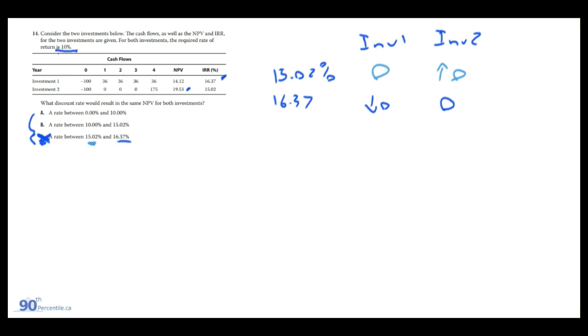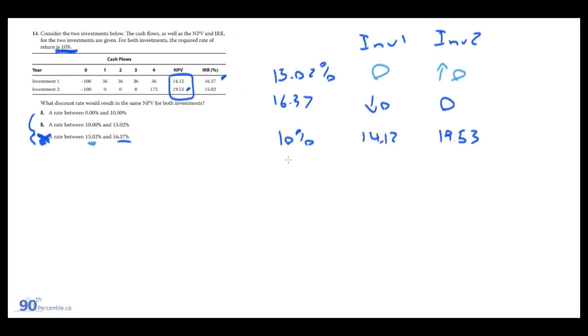So we know from the question that these NPVs are using a 10% discount rate. So let's continue with this, right? At 10%, investment two is 1953, and investment one is a 1412 NPV.